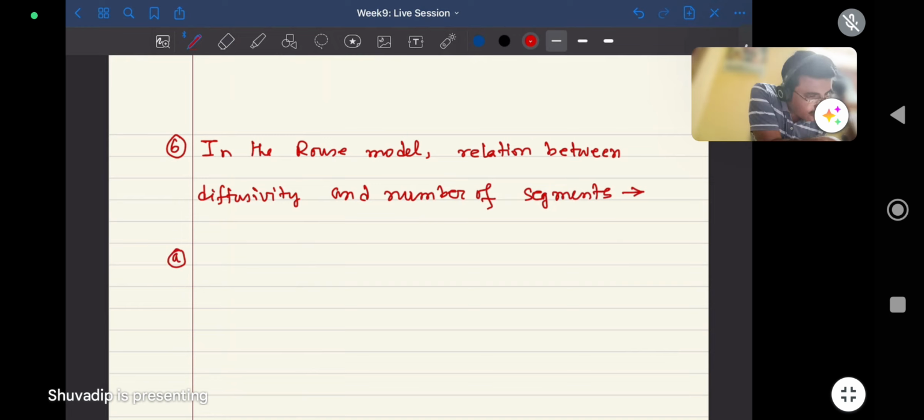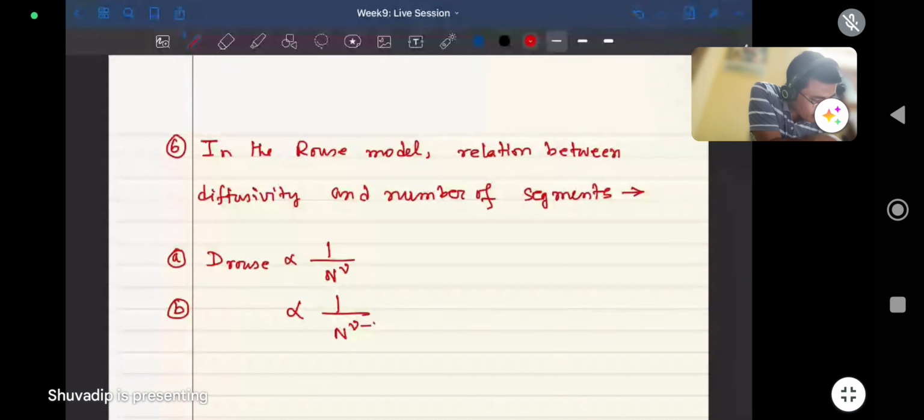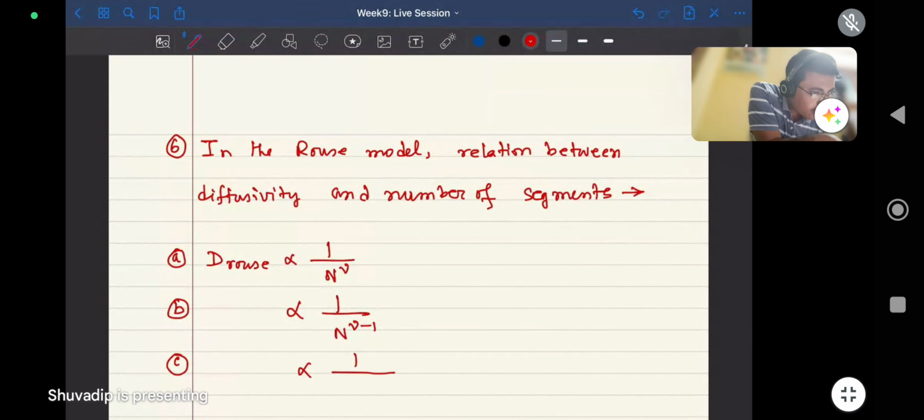A: D Rouse is proportional to 1 by N to the power mu. In each option the left hand side is D Rouse. B: proportional to 1 by N to the power mu minus 1; C: proportional to 1 by N to the power mu plus 1; D: proportional to 1 by N. In each of these cases this is D Rouse.